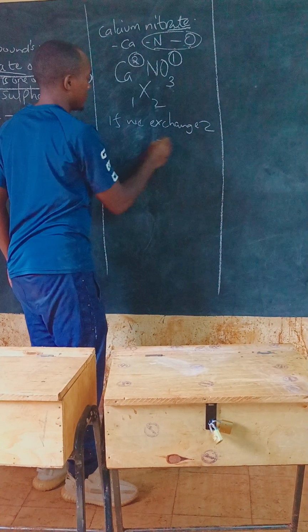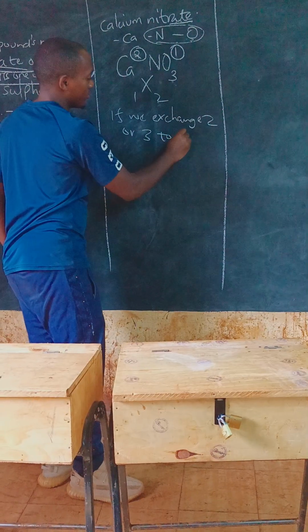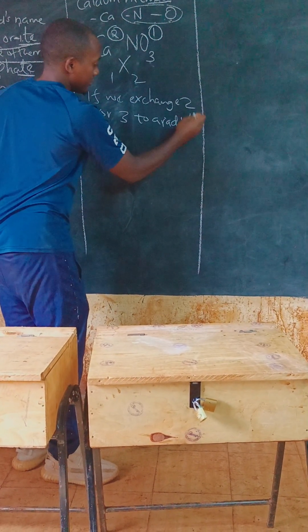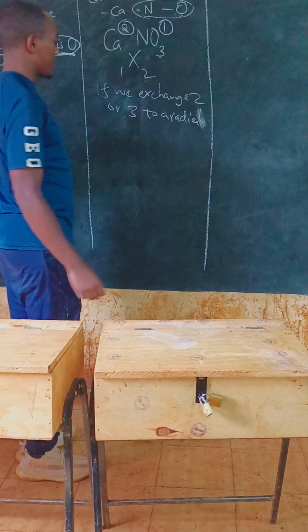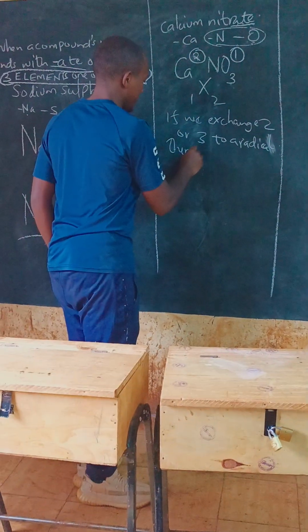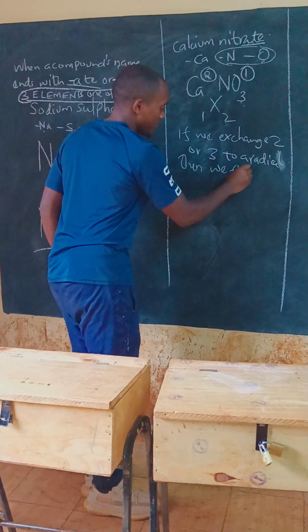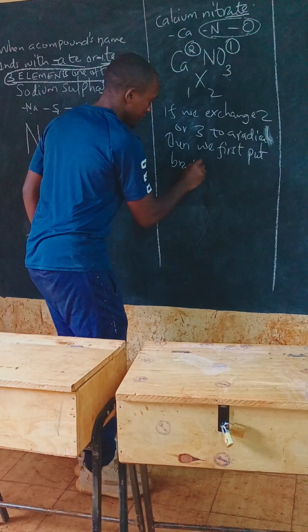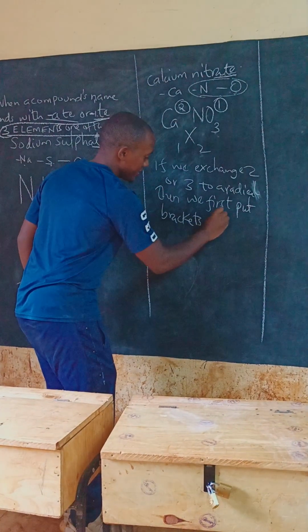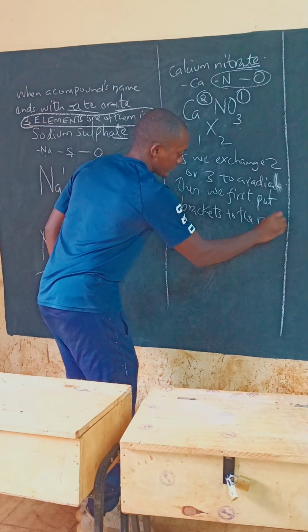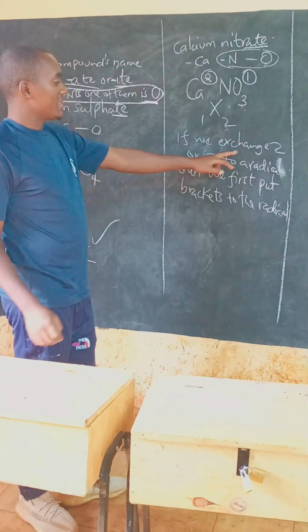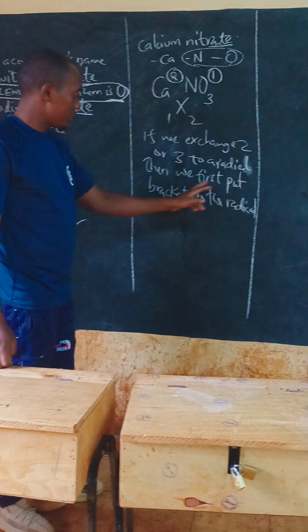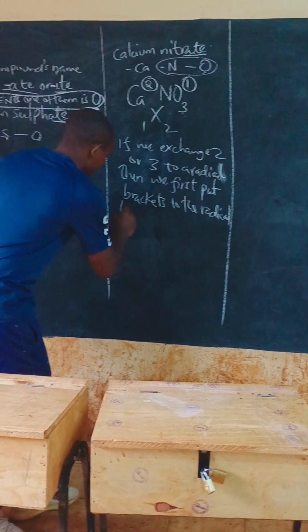If we exchange 2 or 3 to a radical, not 1, then we first put brackets around the radical, then the number.